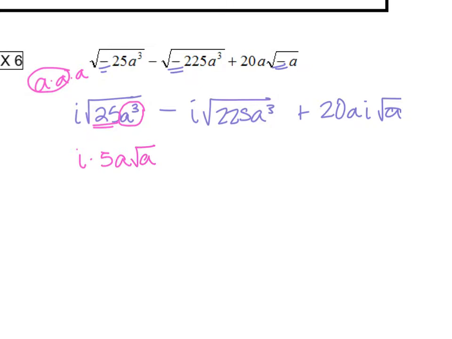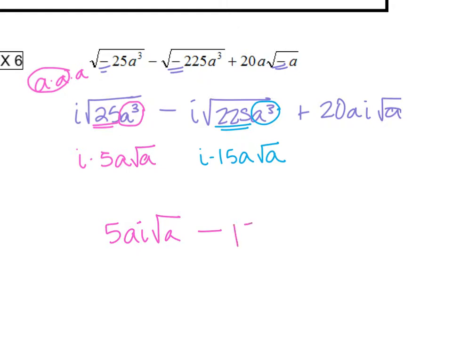And then I'm going to go ahead and write that again, just so we have 5ai square root of a minus. Alright, so the next one, square root of 225 is 15. So we have i times 15. And then here's the a cubed, and now I can pull an a out, and 1 stays underneath.